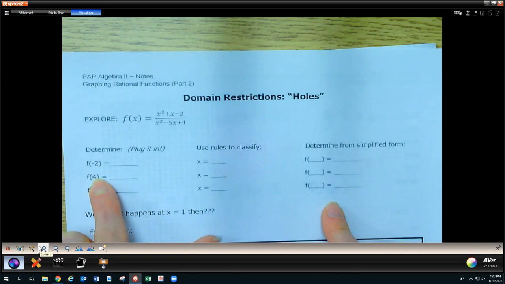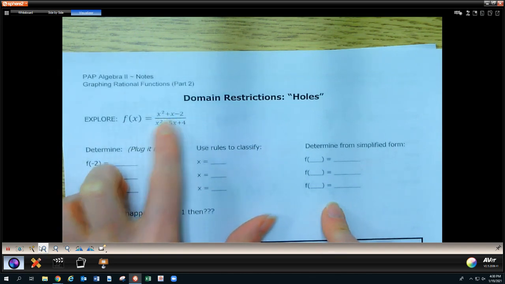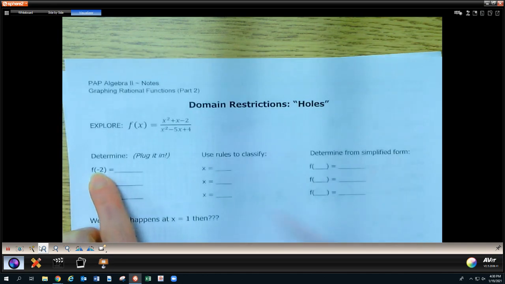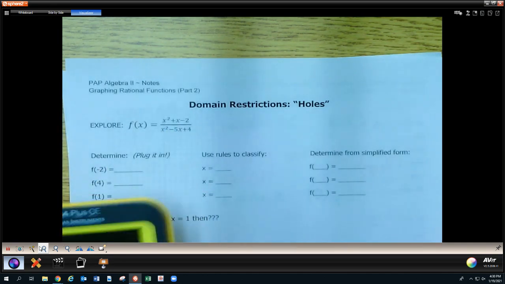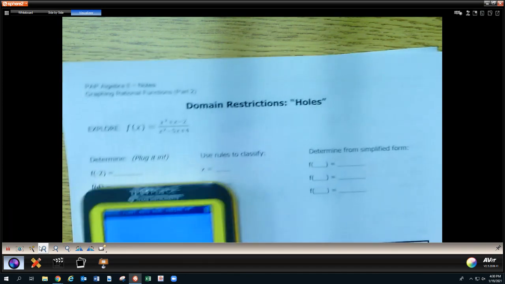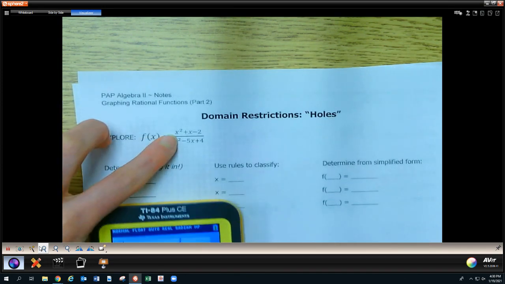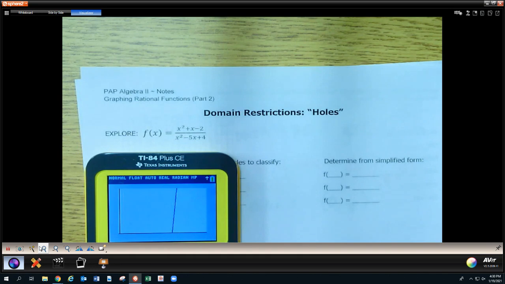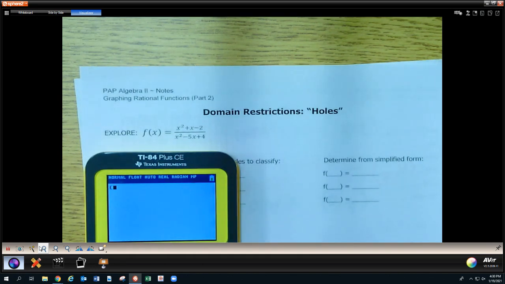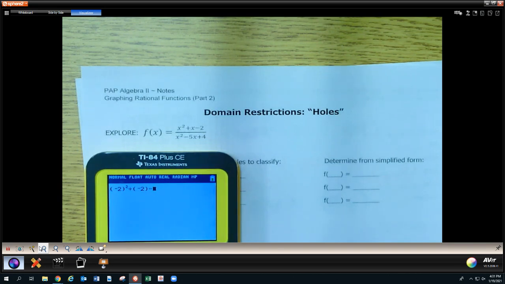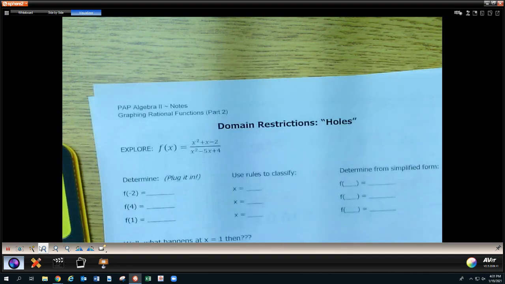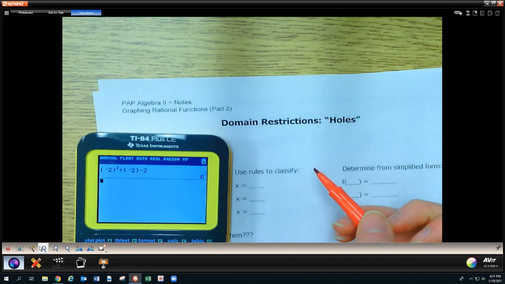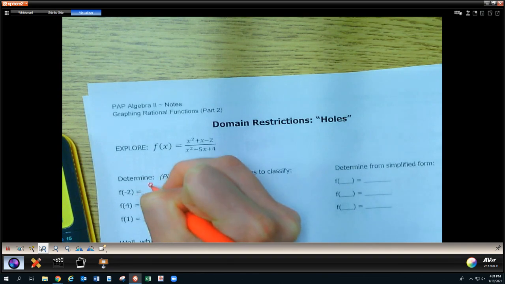It says to just plug these numbers in. Figure out f of -2, f of 4, and f of 1. We're going to replace all the x's with -2 first. I'm going to use my calculator to save time. If I plug -2 into the numerator, I have -2 squared plus -2 minus 2, so I end up with a 0 on top.